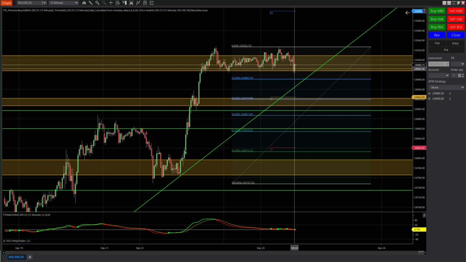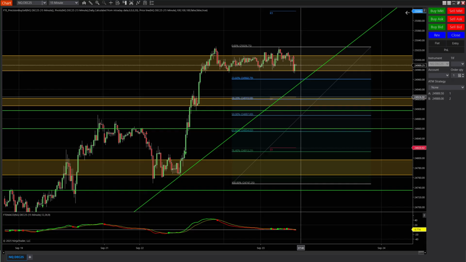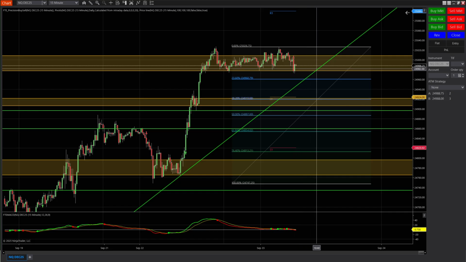So if we can come down and break this line, see how that golden pivot, if this were to come down in this area, it wouldn't take much for it to get down to the golden pivot point. I'd be looking for that as a bounce play. If we found the bounce play there, depending on how the market reacts, you could be thinking entry down here, exit at this zone box up here.